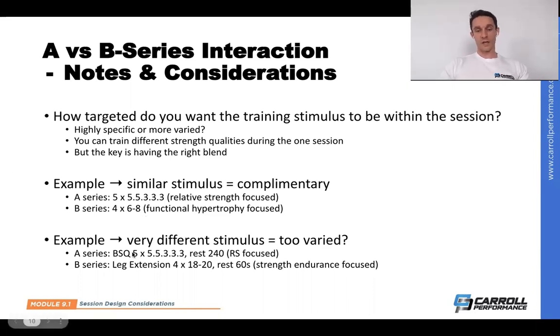However, if we had that A series, same prescription, relative strength focus, and then our B series is really short rest, metabolic prescription work, 20 reps on a leg extension, 60 seconds rest, excuse me. Yeah, that'll feel hard. Yes, it will hurt. It's very, very different stimulus. So is that quite as optimal?